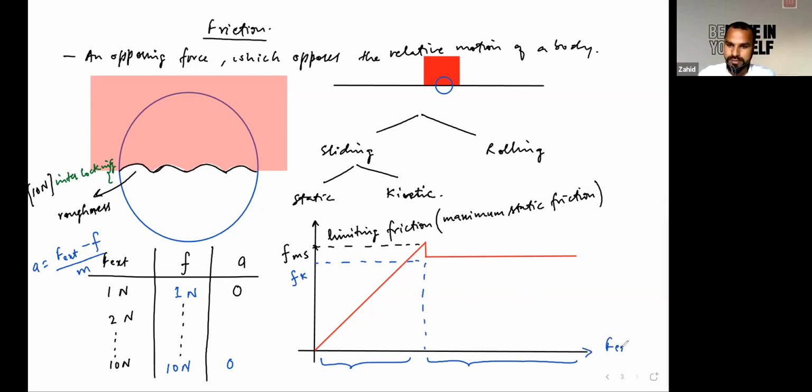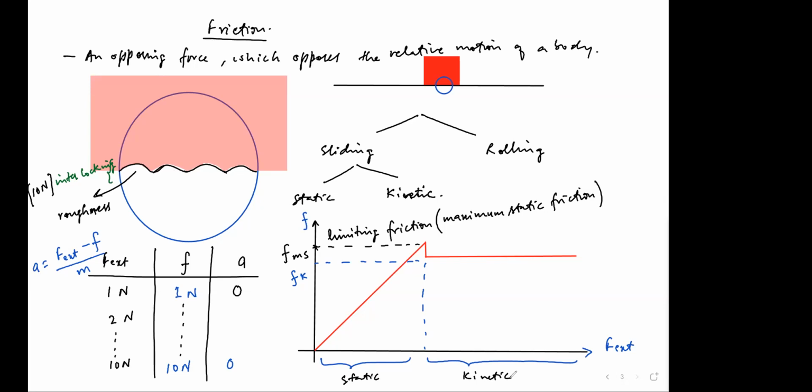This is your external force versus friction graph. Is it clear till this part? Yes, sir. Okay, just write it down.